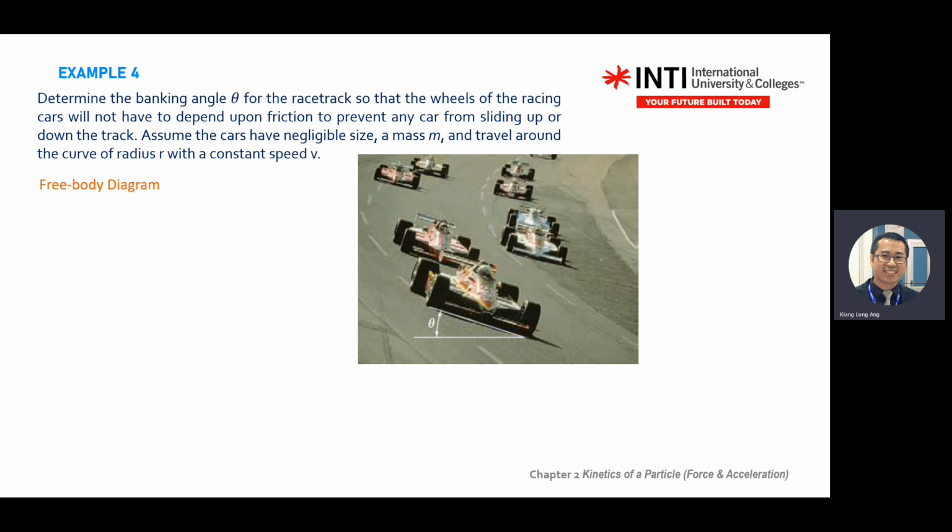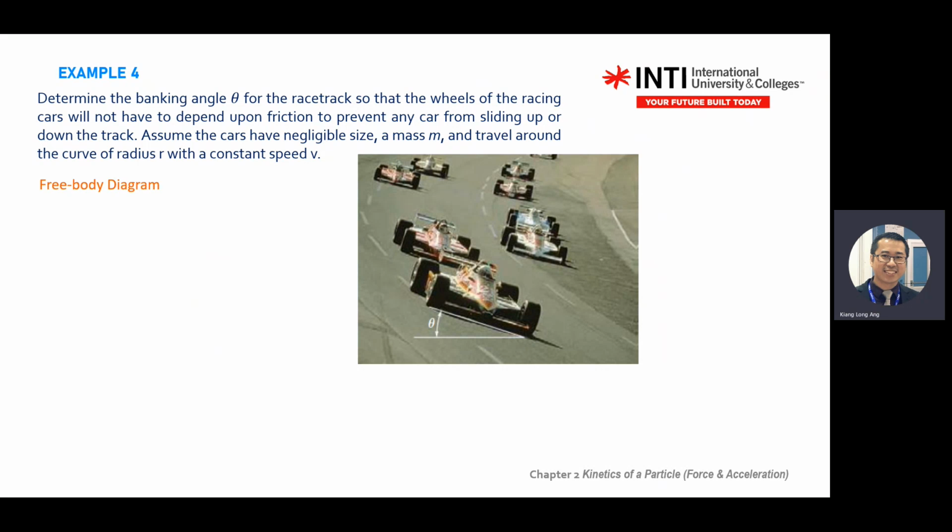You need to find, at a certain condition, that there is no pressing force on the surface. It just stays at that surface without pressing or flying away from the surface. Okay. Without friction, to prevent any car from slipping out or slipping down. So when the racetrack has an angle sloping up, you want a state where it's stable at that location, it will not slide up or slide down.